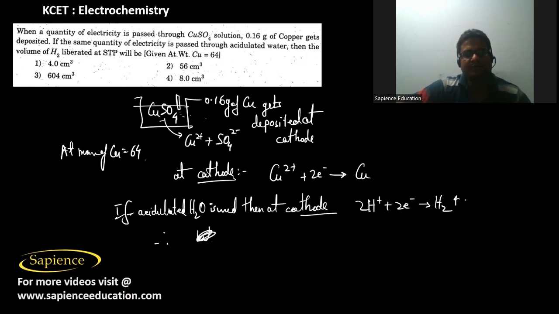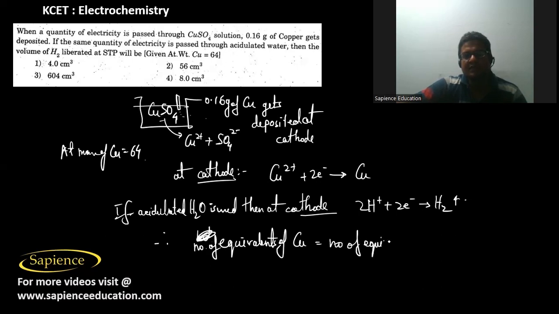Simply, we can use the law of equivalence: the number of equivalents of copper formed at the cathode is the same as the number of equivalents of hydrogen formed at the cathode.